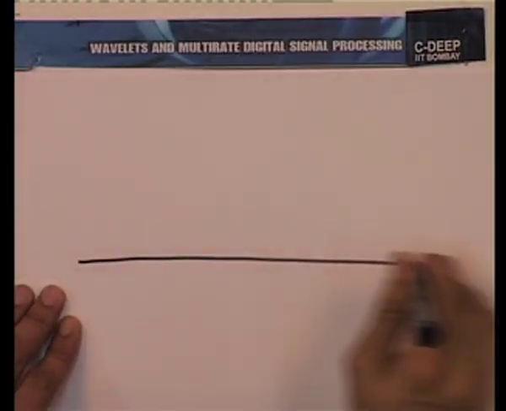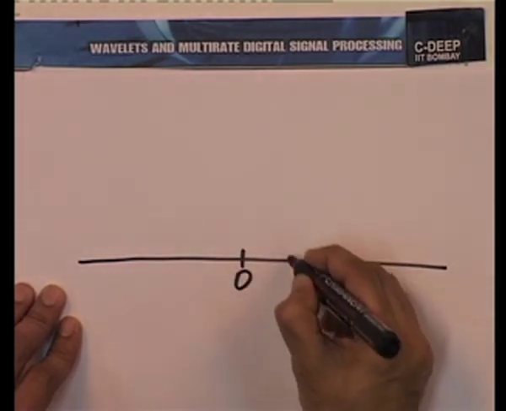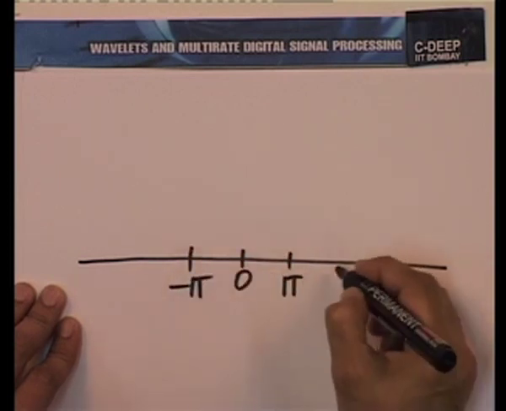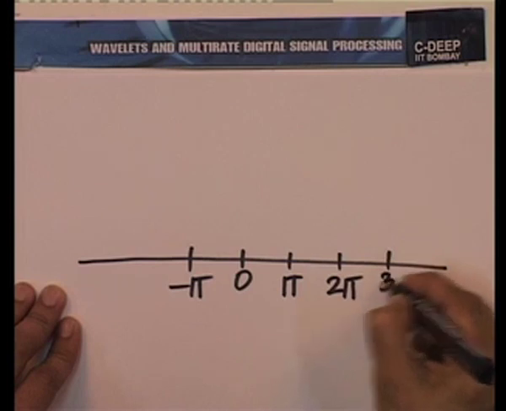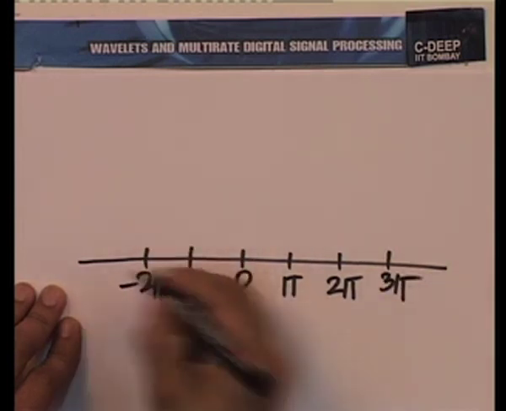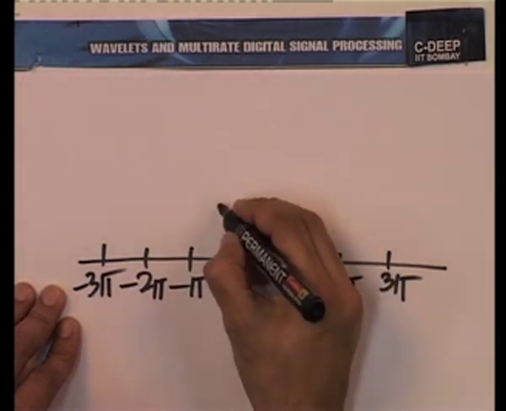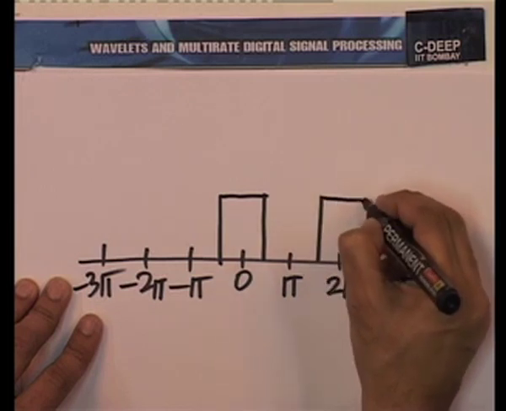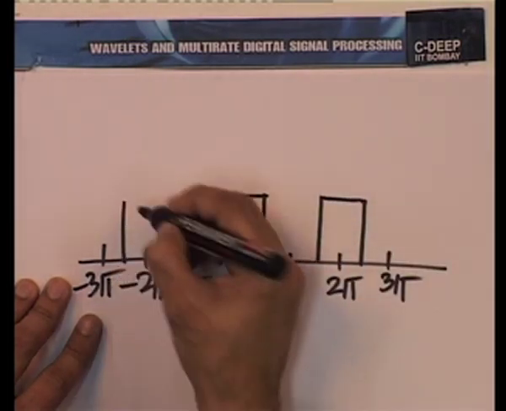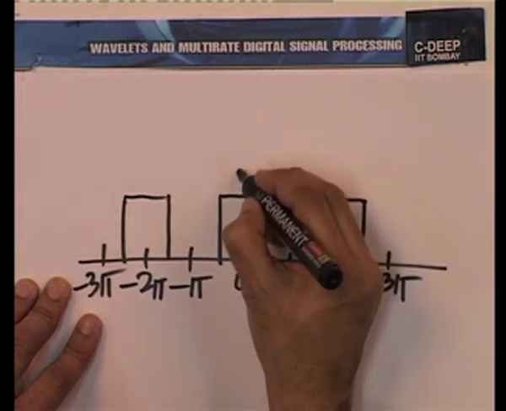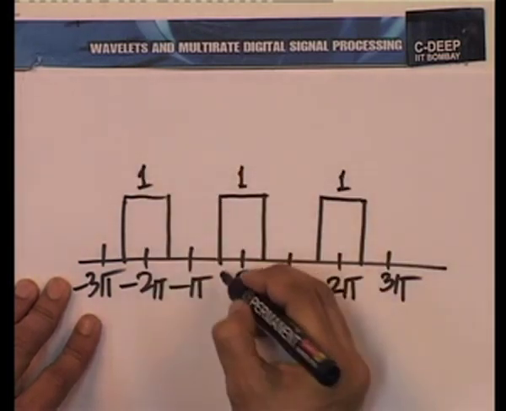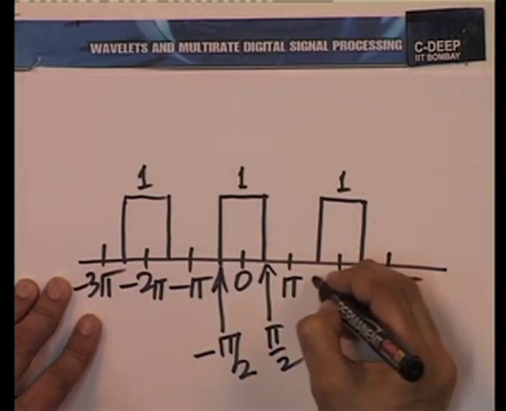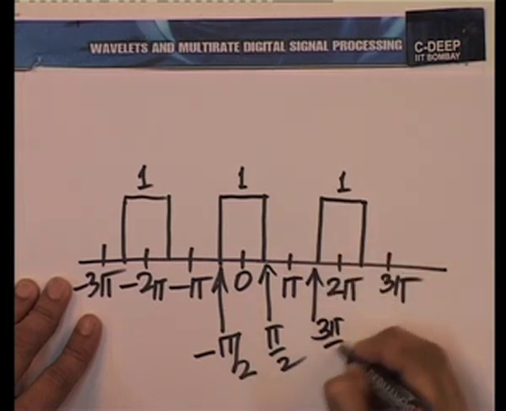Again, let us use the strategy of zooming and then contracting back again. So, I have pi, minus pi there, 2 pi, 3 pi and so on. This is what H0 looks like, taking note of the periodicity, remember. This is minus pi by 2 there, this is pi by 2, this would therefore be 3 pi by 2 and so on.